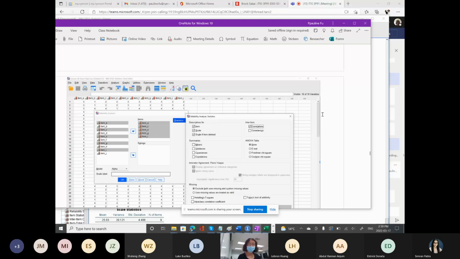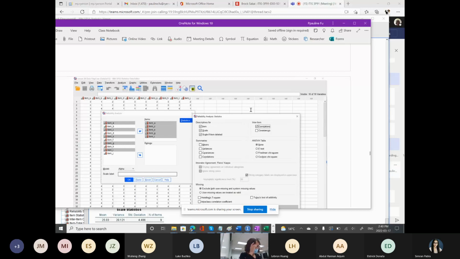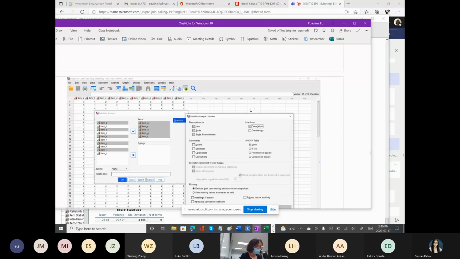So let's do stage 1. How do we do this? Basically we repeat what we have done before, but this time it is just for emotion focused.